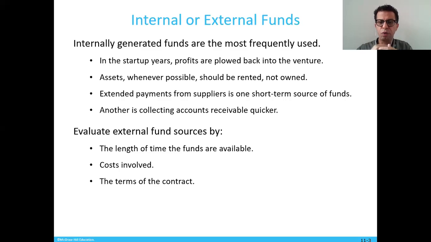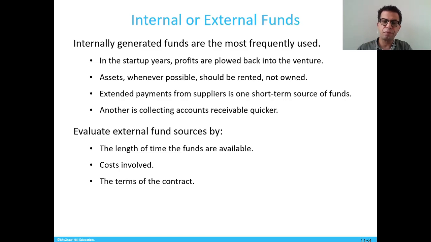Another way is to make sure you have quicker and faster money collection, or longer terms for making payment to the supplier, because the supplier wants his money. If you're lucky, instead of paying the supplier in a month, you tell him you'll pay in 3 months and he agrees, and you tell the customer you want to collect within a month. Then you have a 2-month period that you can work with.